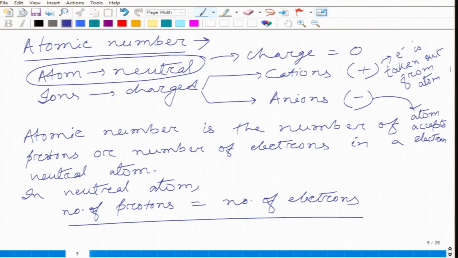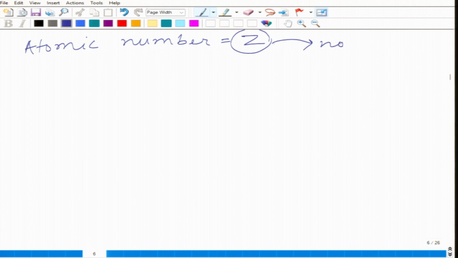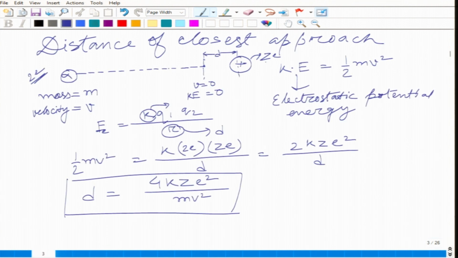Okay, so this is the definition of atomic number. Atomic number is denoted by Z. So Z represents the number of protons as well as the number of electrons. That's why we saw in this derivation that the charge of the nucleus is Ze, because that is the atomic number, that is the number of protons.